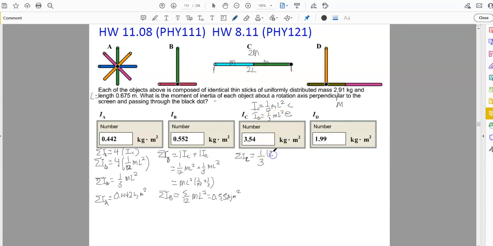But these are two rods stuck together, so it's got twice the mass, and also twice the length squared, so 2L squared.